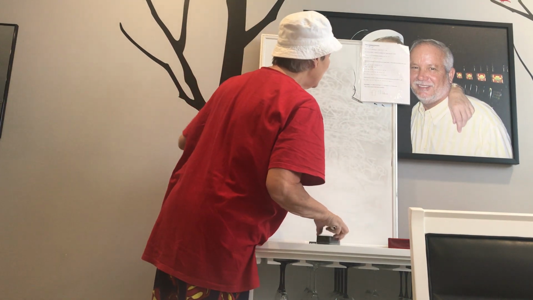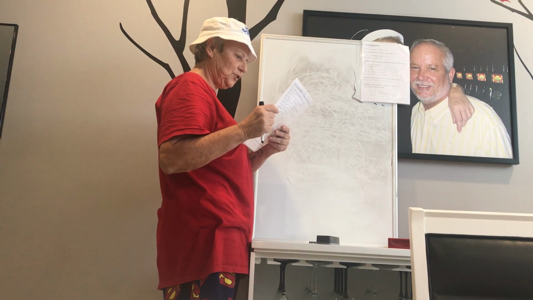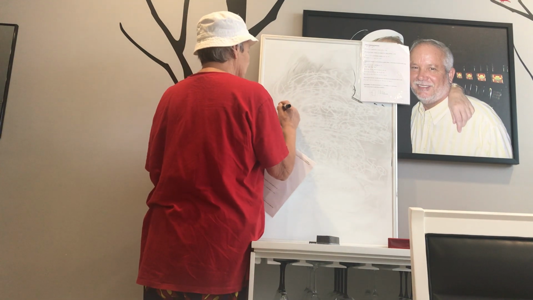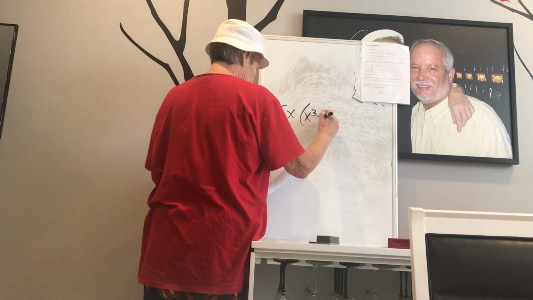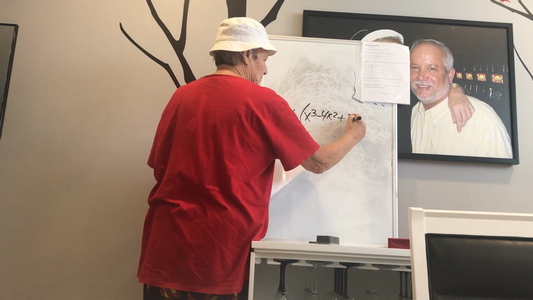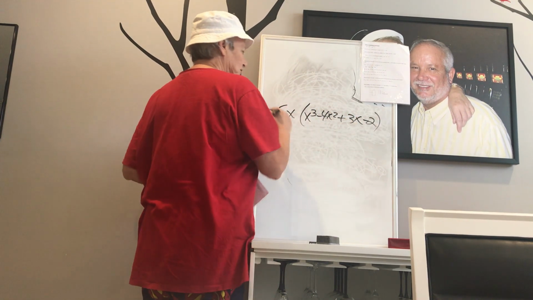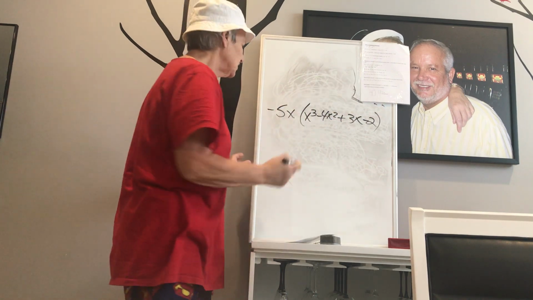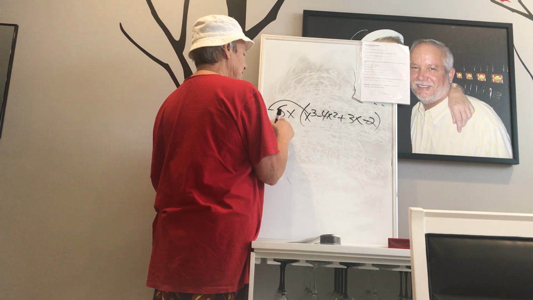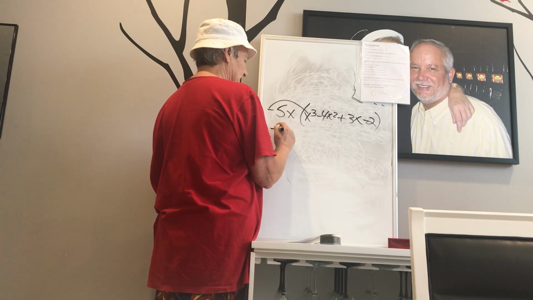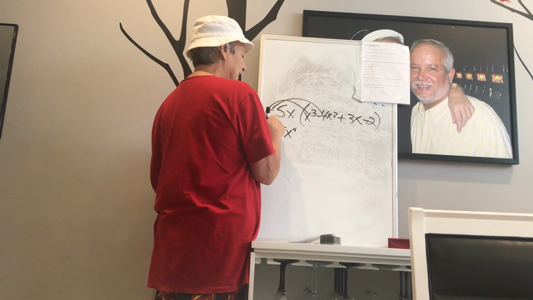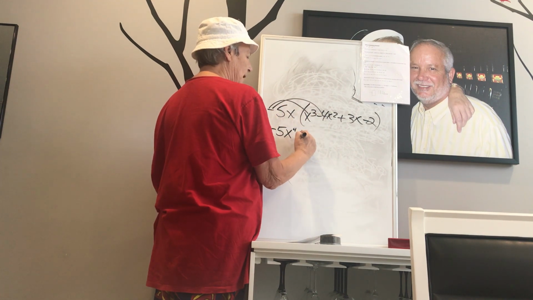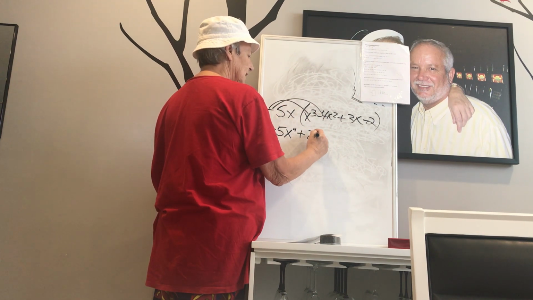Okay. And, oh yeah, let's do one with just one number on the outside, one term, I should say. Negative 5x times x cubed minus 4x squared plus 3x minus 2. Okay, distributive property. Negative 5x times x cubed, negative 5x to the 4th. Negative 5, negative 4, positive 20.